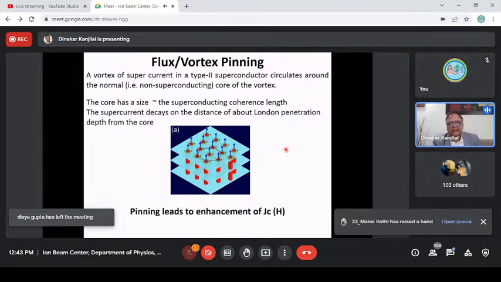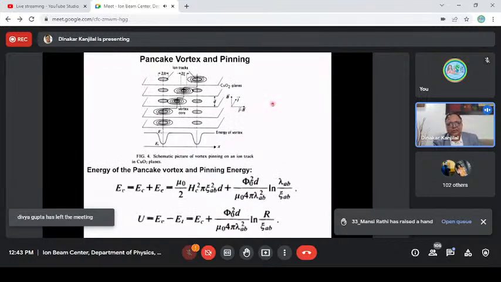In the 90s, I tried to explain it to the new generation. It is so interesting. In the cuprate layers, the ion beam when passing through makes a series of defects. They are correlated.